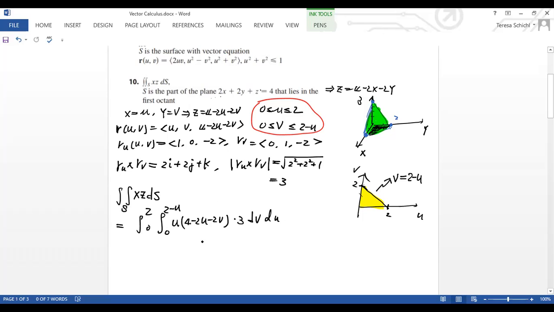This transfers the surface integration to a typical two-variable integration we learned in Calculus 2, and we know how to do that. After you integrate and substitute the values, we get the answer, which is 4 here.